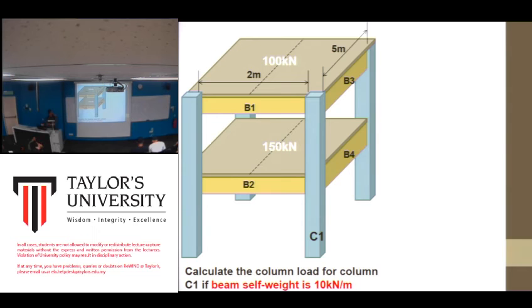All right, calculate the column load for column C1. Assuming that the beam self weight is 10 kilonewton per meter.